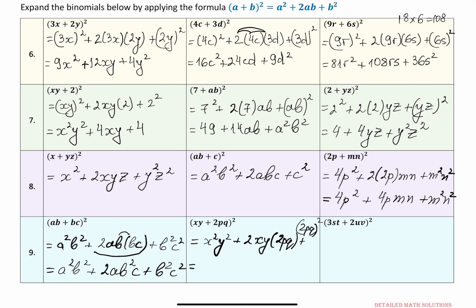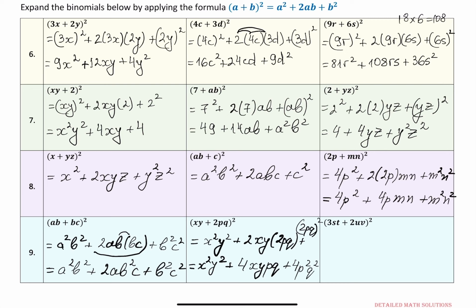This equals x squared y squared plus 4xypq plus 4p squared q squared.